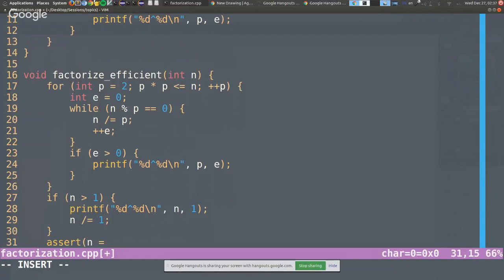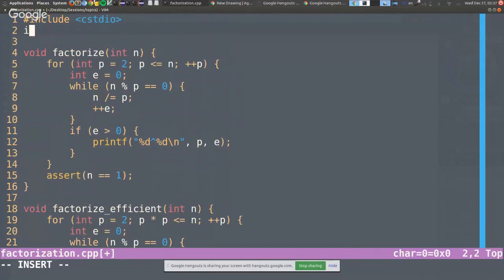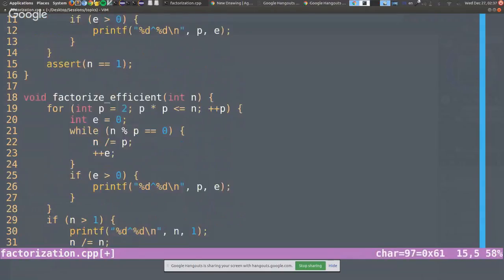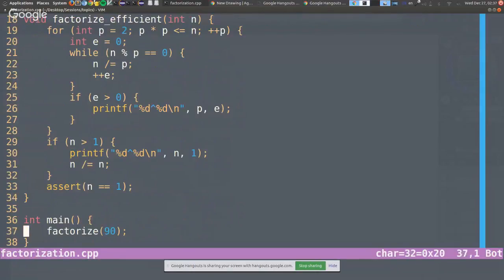We can add an assertion statement. Check that the number is 1 after the divisor. This is the old factorization. Now we use the new one.